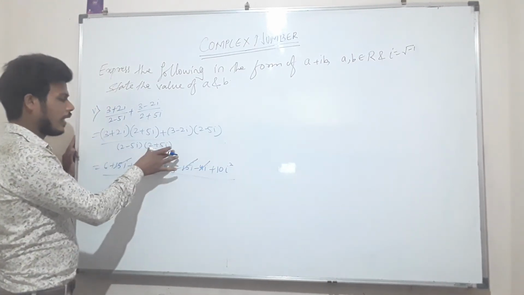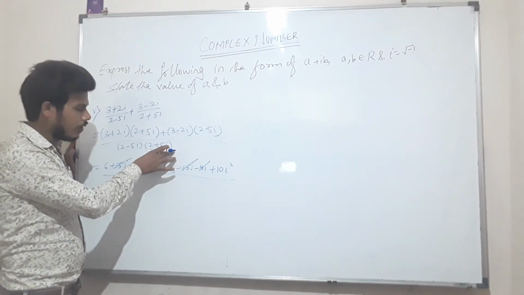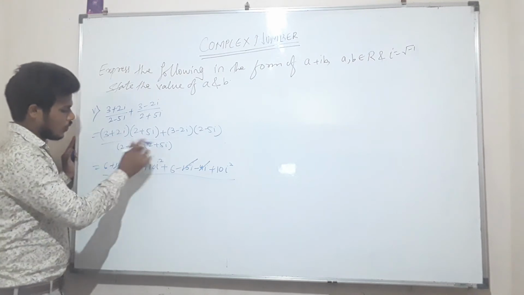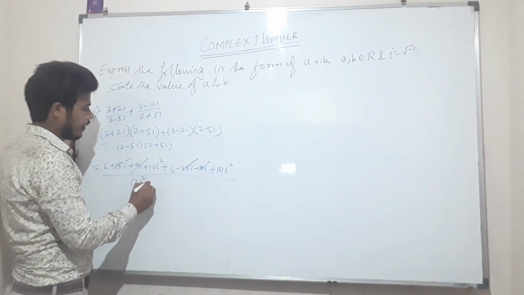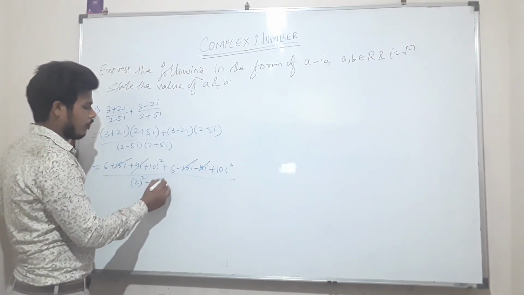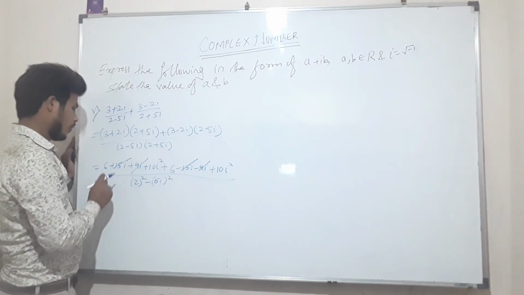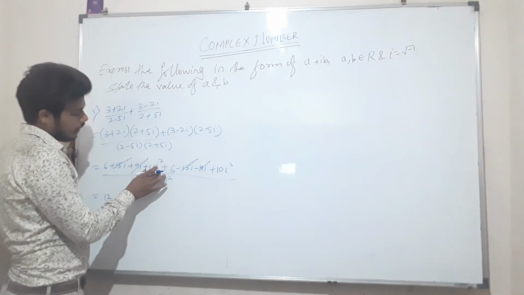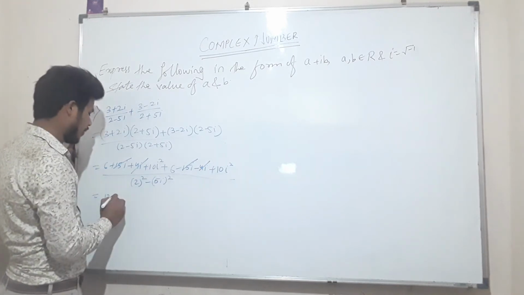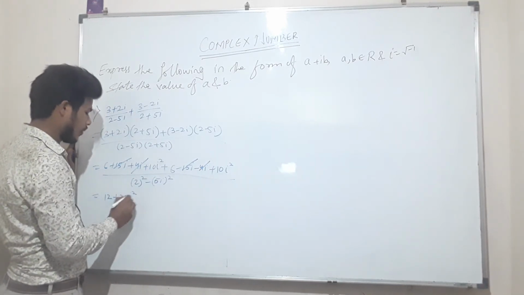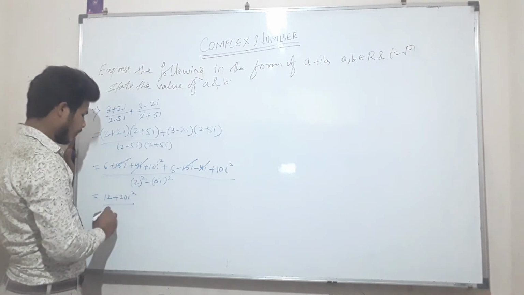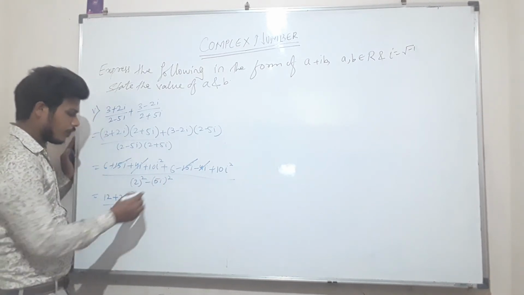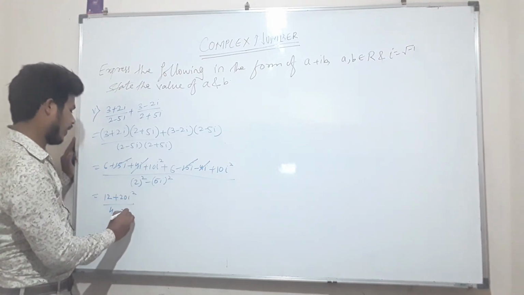Now 2 minus 5i and 2 plus 5i is of the form a minus b, a plus b, so it will be a square minus b square. So now 6 plus 6, 12, and plus 10i square plus 10i square is plus 20i square. 2 square is 4, and 5i square is 5 square, 25, i square.